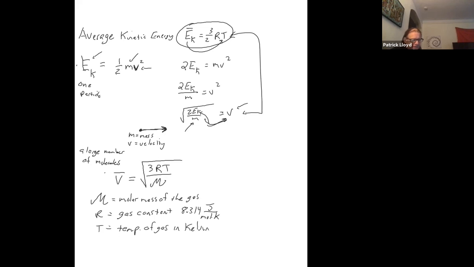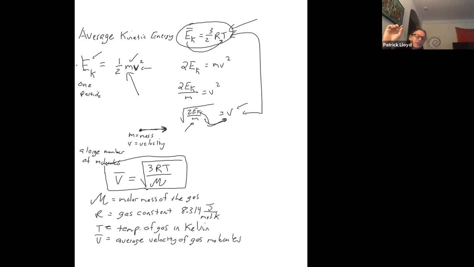And you have this really nice little equation here. V, with a line over it, is the average velocity of the gas molecules. That equation has 3 components. One is it's using this equation here. It's also using this equation here.